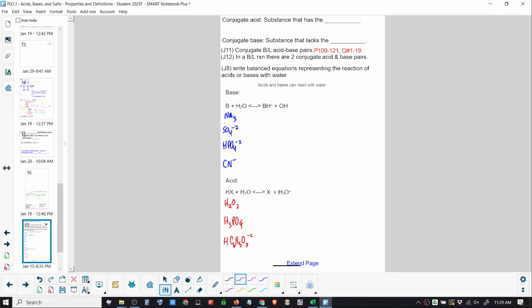HSO4 should have a charge, and CN should have a charge. And then, are you giving them positive charges? Because if you are, I'm going to hit you. Check it. Yeah, what charge would HSO4 be? Hold it, HSO4.